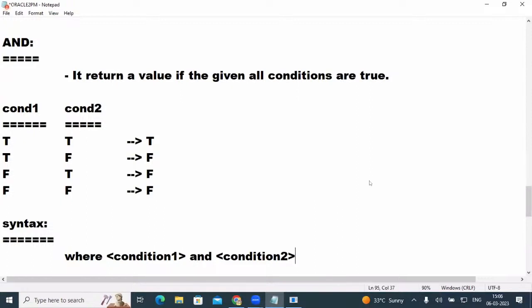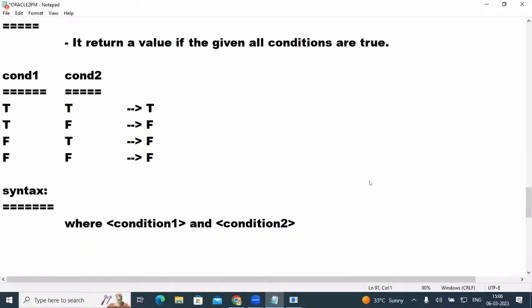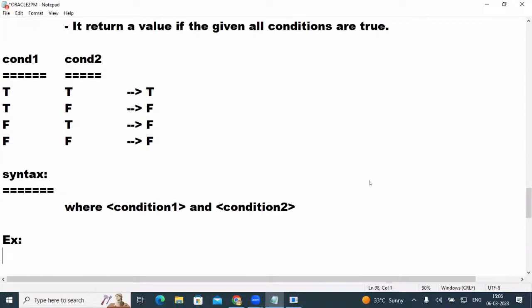Now, when is this operator useful? Let me show one example.